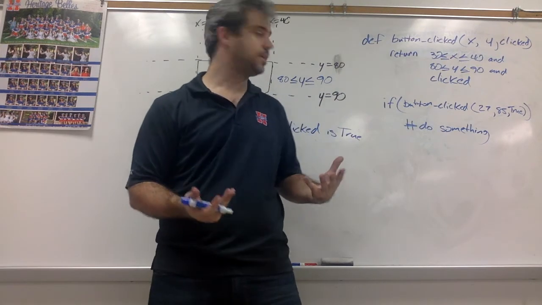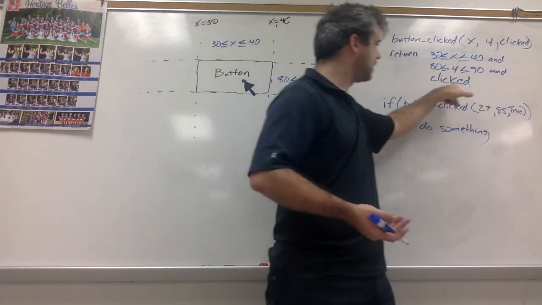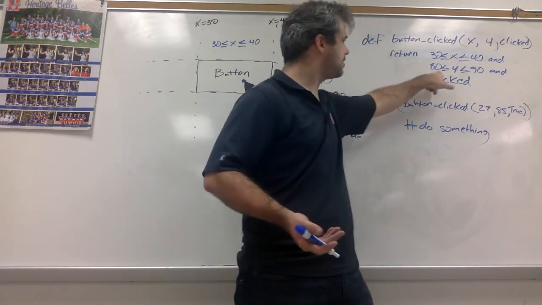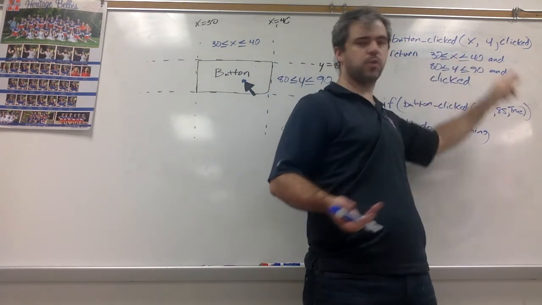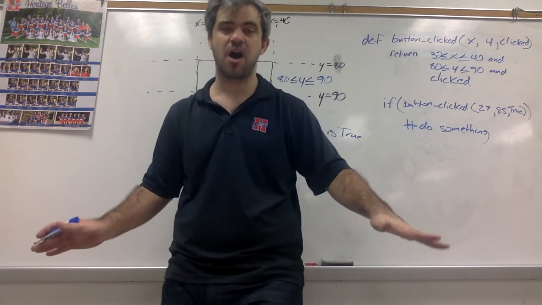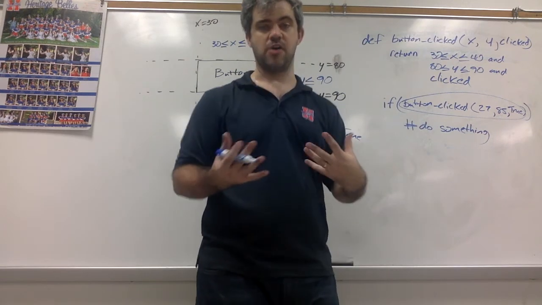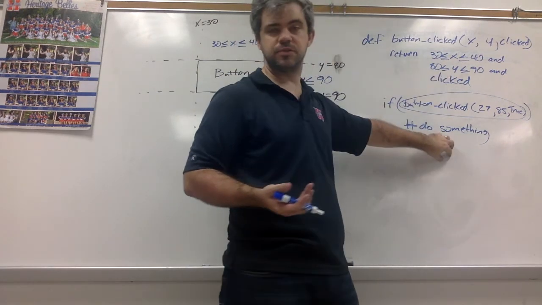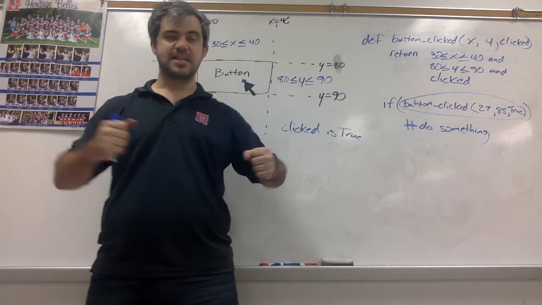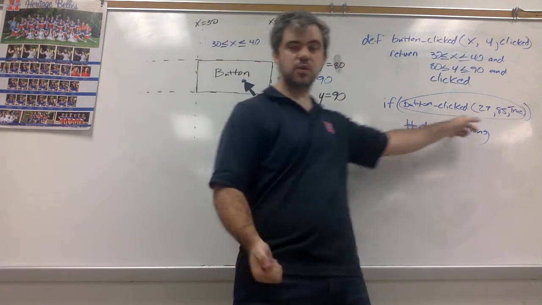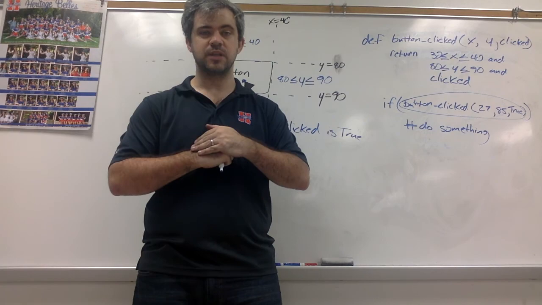In this case, it'll check these three things. We have clicked, and our y is between 80 and 90, but 27 is not between 30 and 40. So we'll say that they have not clicked the button. This whole thing will return false, so we won't do the thing. So what these methods do is they spit out a Boolean, and we can use them in our if statements. This is going to be a tool that we use a lot. Good luck.